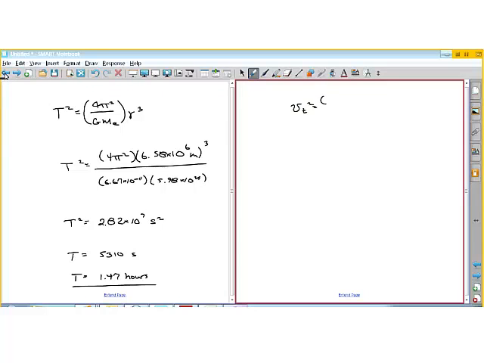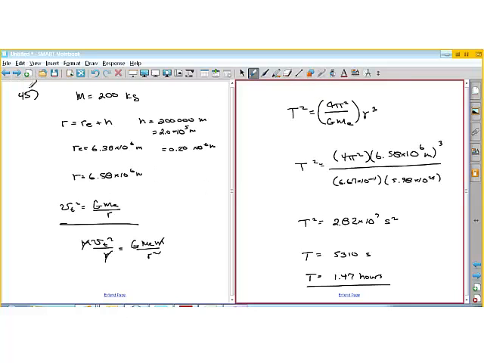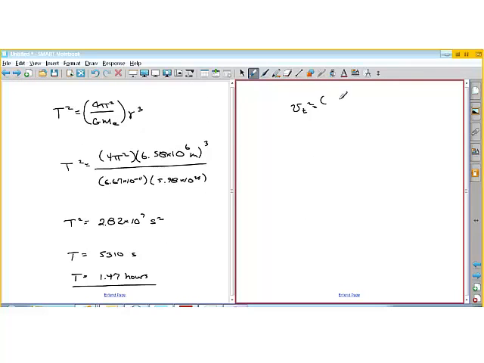So that was equal to G. Actually, I'm going to show you another way. You could use that other equation. We'll do it both ways. So you get G, which is 6.67 times 10 to the minus 11th, times the mass of the Earth, which is 5.98 times 10 to the 24th, divided by the radius, which is 6.58 times 10 to the 6th.